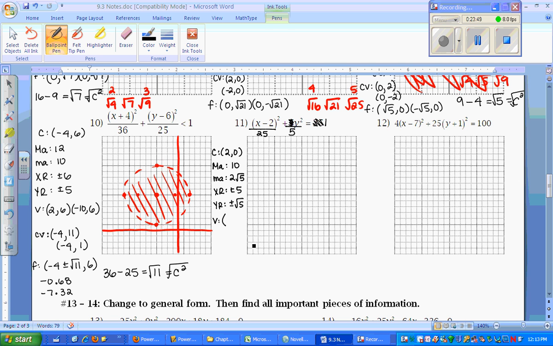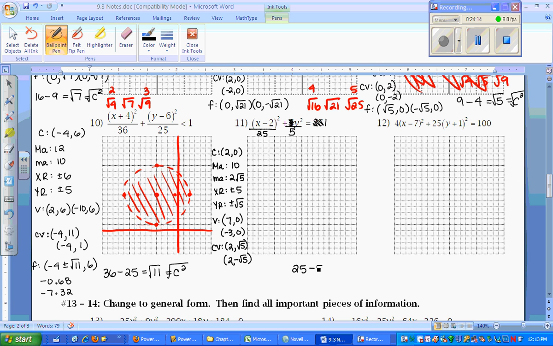Your vertices, the x coordinate is going to change because that's where the bigger number is. 2 plus 5 is 7. 2 minus 5 is negative 3. In your covertices, the y coordinate is going to change. 0 plus the square root of 5 is the square root of 5. And 0 minus the square root of 5 is negative root 5.